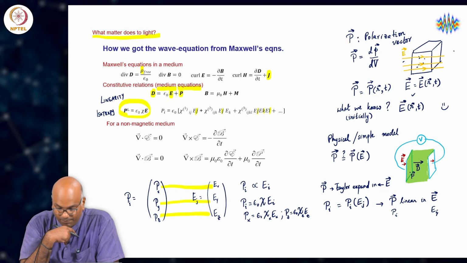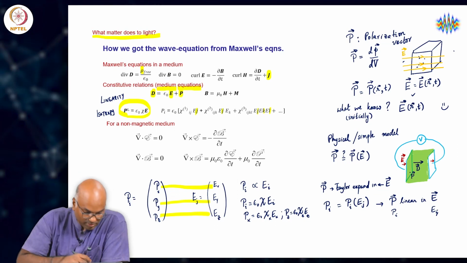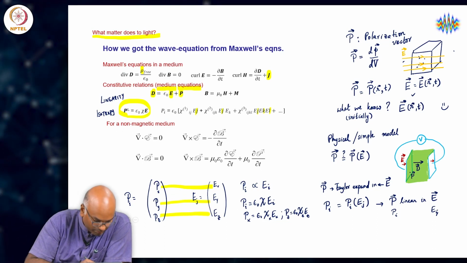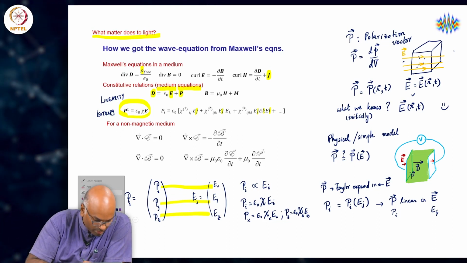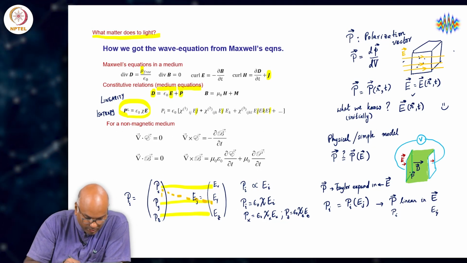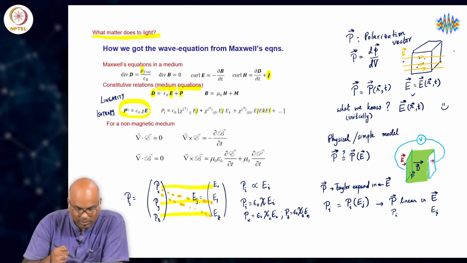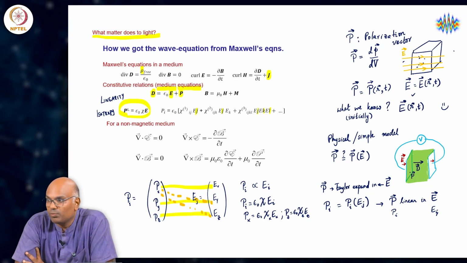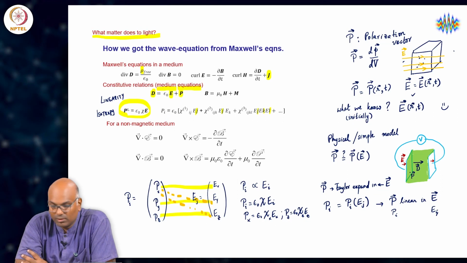Okay, we can go a step further and ask, for example, why shouldn't Px depend on Ey and depend on Ez also in the most general case?